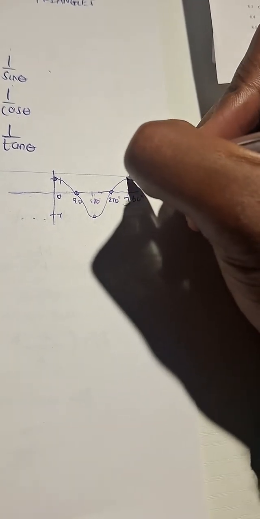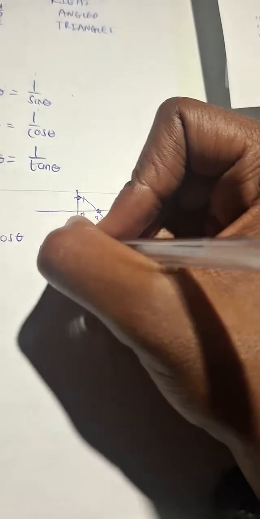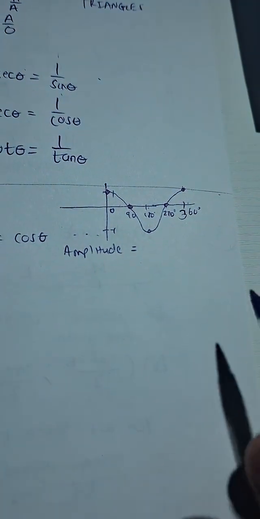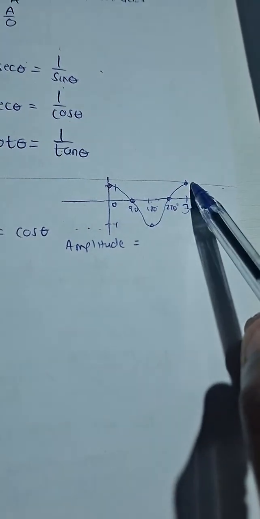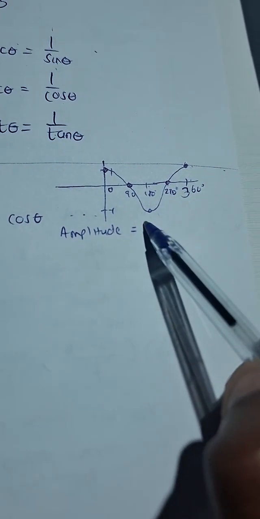So the mother graph goes like this. Then I'm sure you guys can conclude the amplitude. You can see maximum is 1, minus minimum, that's negative 1. So 1 plus 1 in the numerator divided by 2 is going to give us an amplitude of 1.